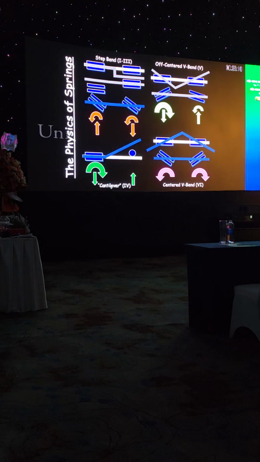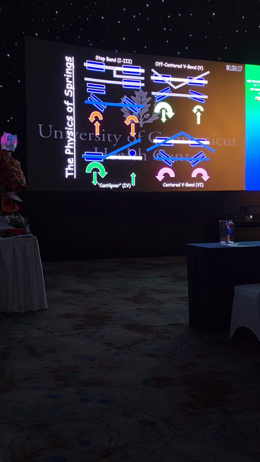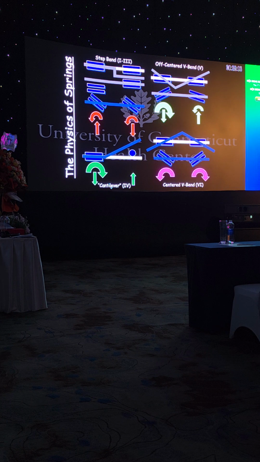Let's talk a little bit about biomechanics. When we talk about biomechanics, and when we use these wires, we start putting bends in the wires. Every bend in the wire has a consequence. And this is showing you basically the 6 different ways you can put bends in. You can have a step bend, you can have brackets or teeth that are up and down and your wire is straight, or you can have teeth leaning towards one side, and you will see both systems are almost the same.